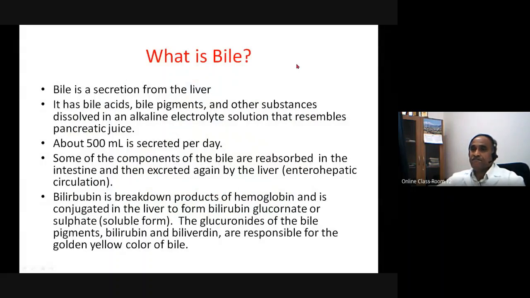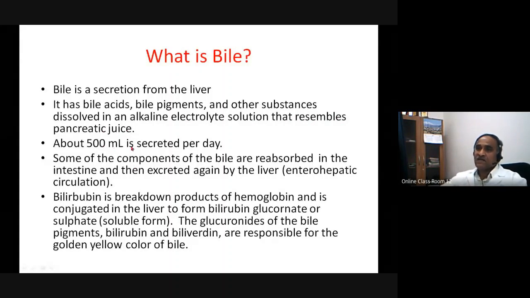What is bile? Bile is a secretion from the liver. That's what I mentioned. It has the secretory part, that is bile acids, and it has an excretory component, that is bile pigments, other detoxifying or detoxified molecules, and it also contains electrolytes, and the pH of the bile is alkaline, that means above 7, and the composition resembles nearly the pancreatic juice.